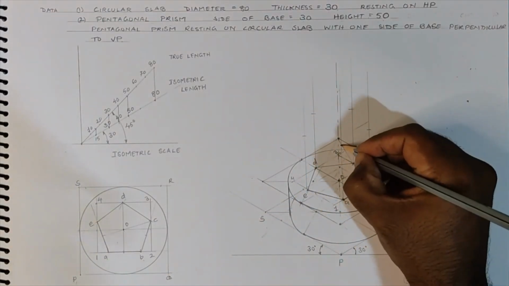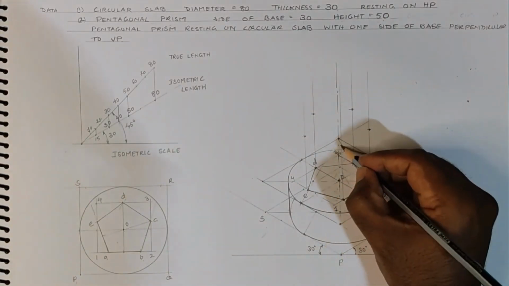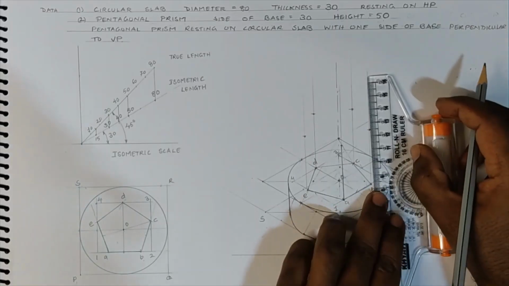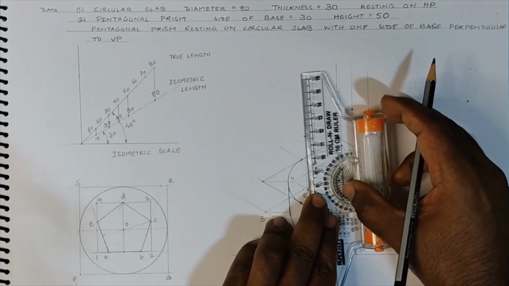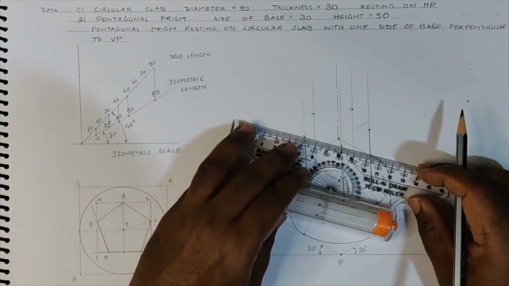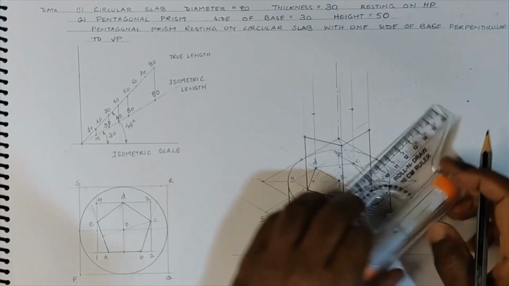All the points on these verticals, that is the 5 points, I will be joining using vertical dark lines. So the lines which are on the front, I will be making them dark because they are visible from the front. Now I complete the top plane, which is a pentagon.